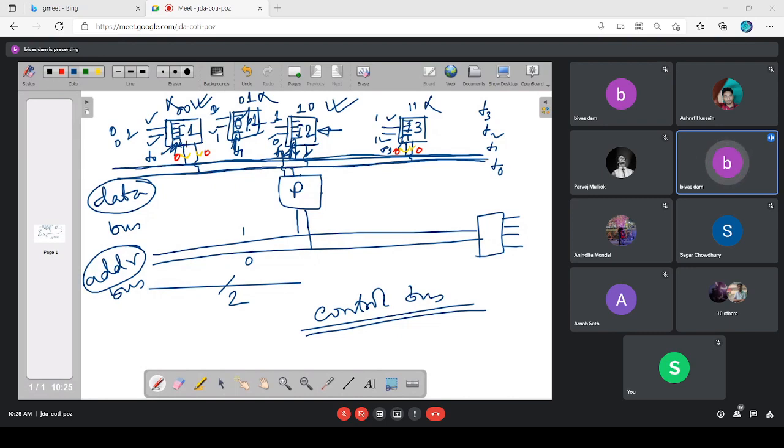This I1 output device is connected to this data bus. This I2 is also connected to the data bus. Now, what is the impedance between two terminals of one wire? 0.